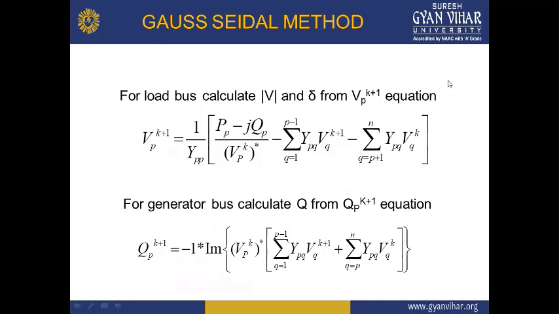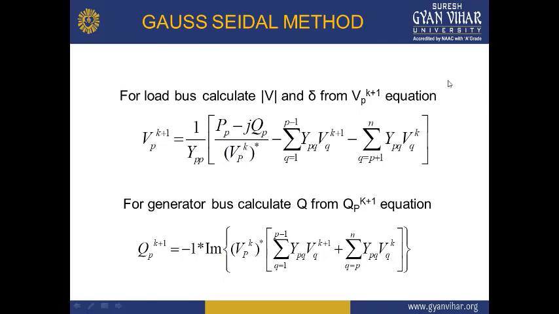Next is the Gauss-Seidel method, which we have seen in the previous lecture, how it has been implemented and how the voltages are calculated and updated at each iteration. This is the equation derived in the previous lectures for the Gauss-Seidel method, for calculation of the voltage and delta.